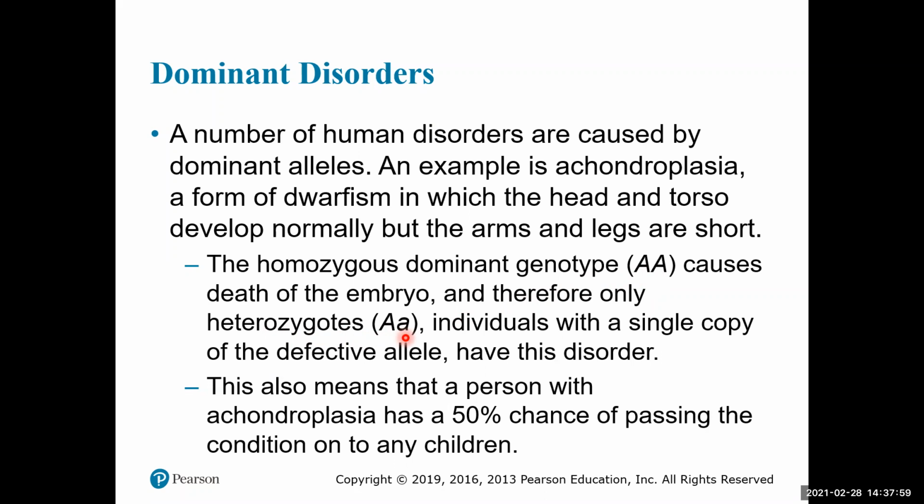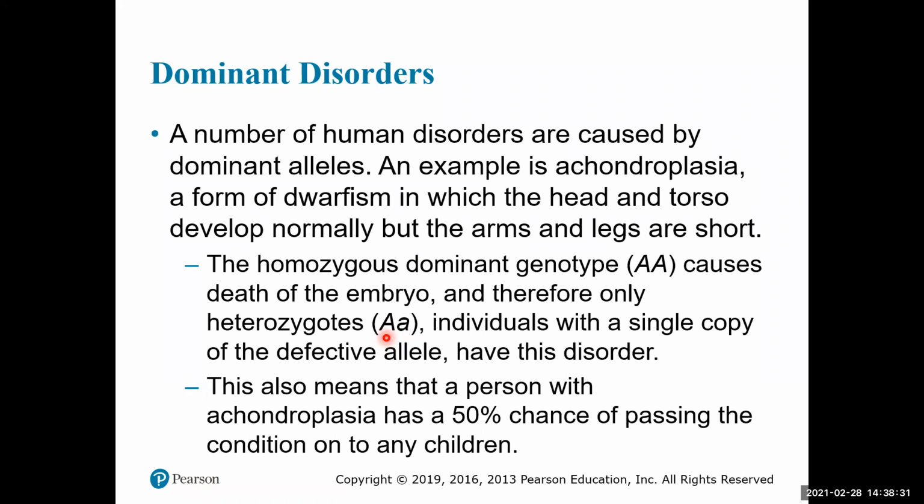Usually, if the offspring are homozygous dominant, the embryo does not survive and the pregnancy is aborted. Because that dominant allele is expressing a protein that causes the disorder. And so if you have two copies of that allele, you're getting twice the expression. And so, that concentration of expression is typically deadly for the embryo.